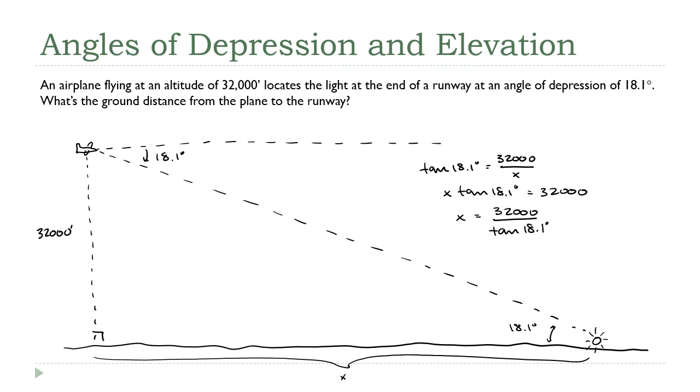And at this point, you have to go to your calculator. You ask your calculator what this is, and you're going to end up with 97,904 feet. And it's got to be feet because that's what the altitude value was in.